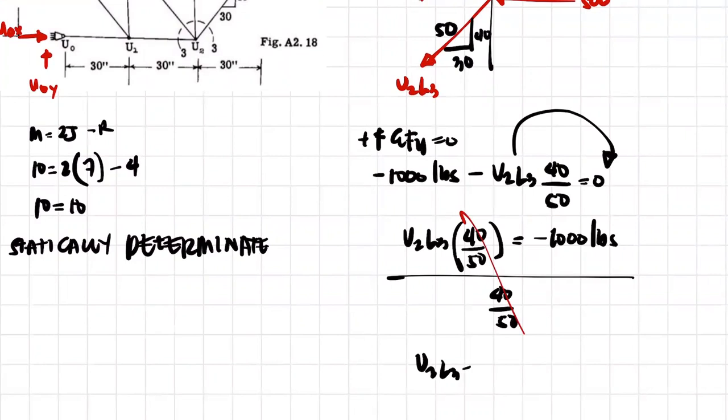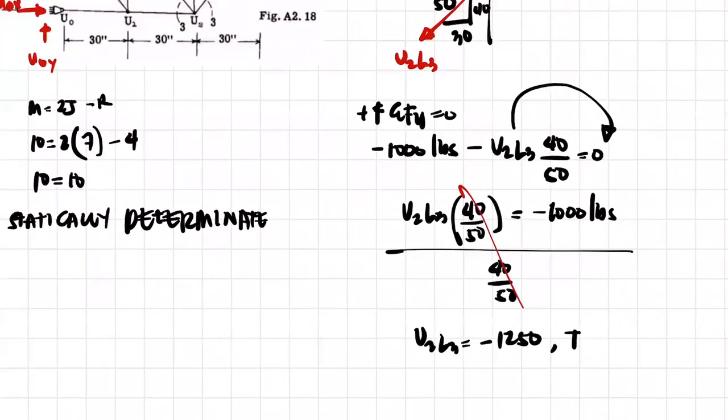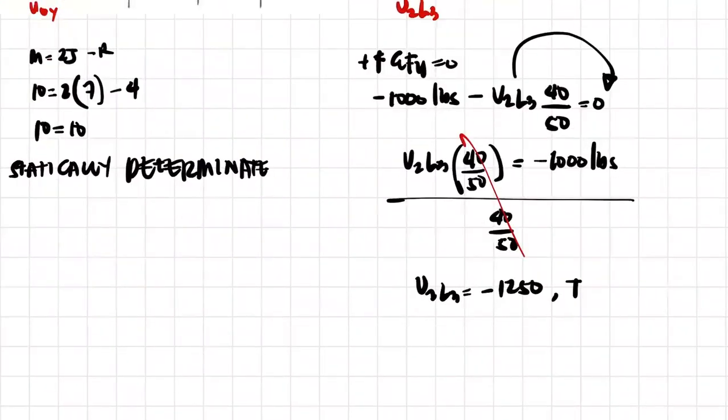Therefore, U2 L3 is equal to negative 1,000 over 40/50. That is negative 1,250 without units, and that is tension. So the correct way to say it is that U2 L3 is equal to 1,250 compression.